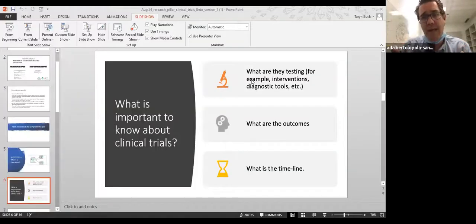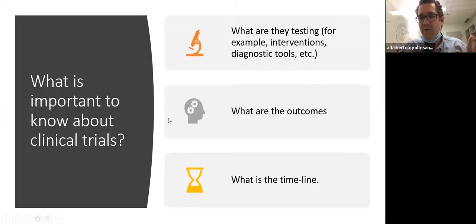And then we have the timeline. It's important to know over what amount of time you are testing the change. For example, if the outcome is pain, you measure pain at the beginning in the 2 groups, you do your intervention, and then you measure pain at the end. It's not the same to measure pain within 6 months than within 2 years.